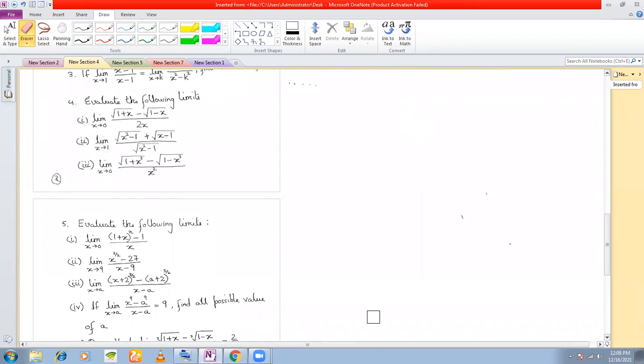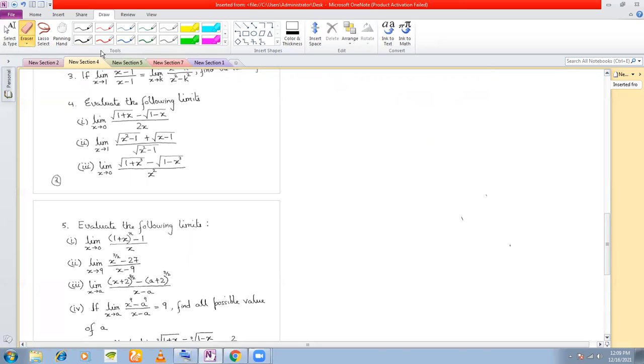If you look at the second question here, 4 part 2. The given limit here is x tends to 1 root x square minus 1 plus root x minus 1. Okay, again, if you see, if you have a sum of the radicals in the numerator.